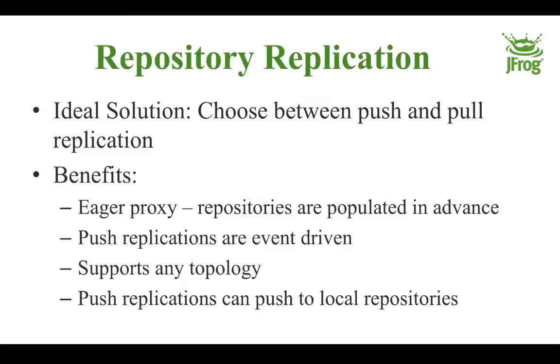The benefit is it's an eager proxy, so any new version that is updated on your master would be pushed to your remote proxies as well. But keep in mind, it's not going to overwrite the older versions. For example, you have versions 1.2, 1.3, 1.4 on all your Artifactory instances, and then on your master, the new version 1.5 comes in. Artifactory is going to push 1.5 to all your instances, but at the same time, it's also going to preserve the older versions.